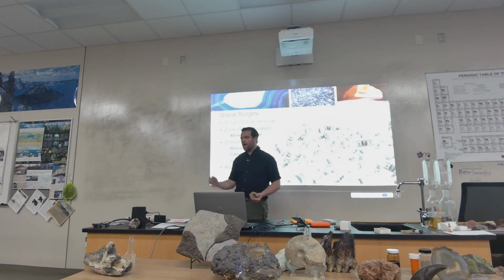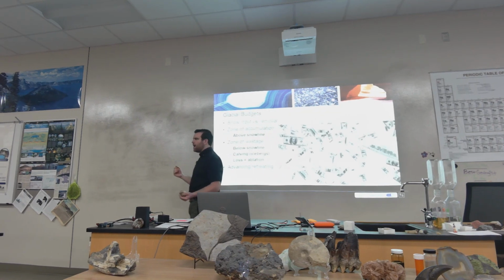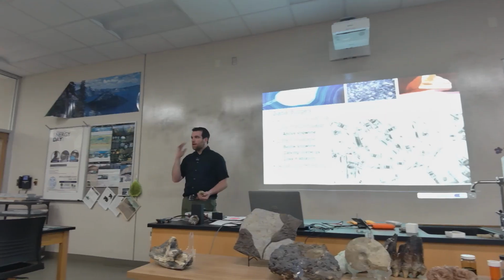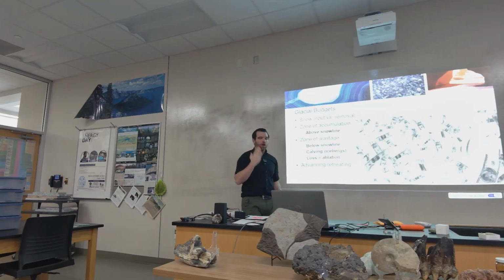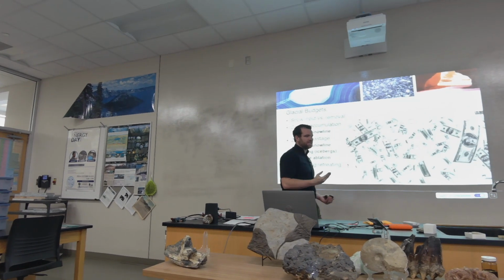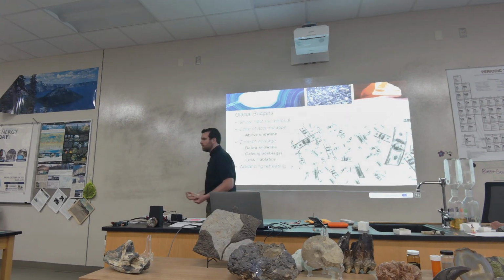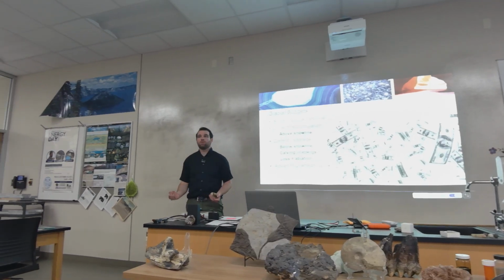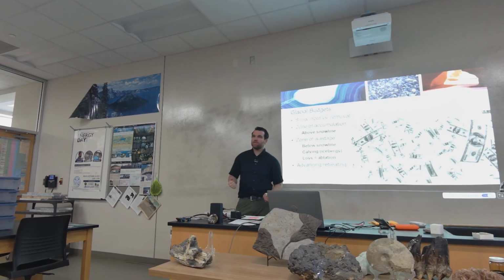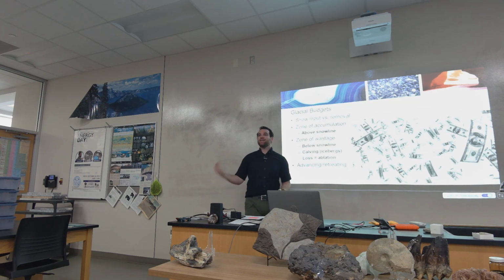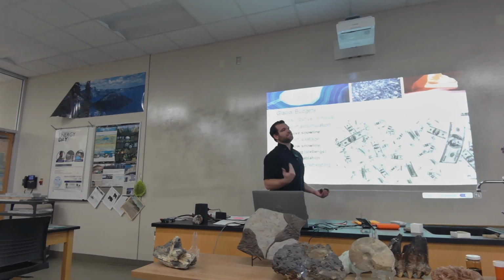Now, how healthy, how large, how long-lived a glacier is largely depends on a budget. Not a budget of money, a budget of snow. More snow input means the glacier gets more mass as time goes on. Less snow input means the glacier gets less mass.